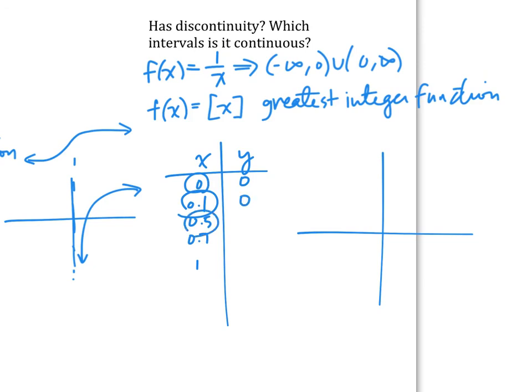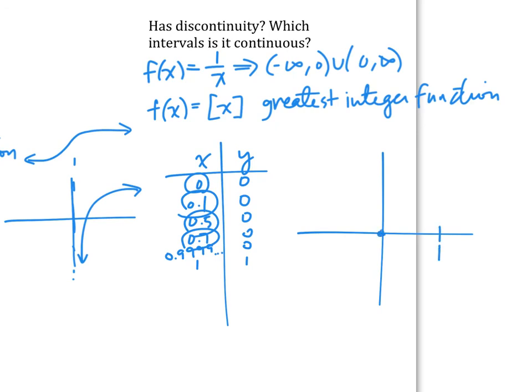If you're 0.5, then the biggest integer you had just passed is 0. If you're 0.7, again, it's 0. You can go all the way up to 0.999 and the biggest integer you had just passed is still 0, until you get to 1, then you become 1. So when you graph this, let's say this is 0 to 1.